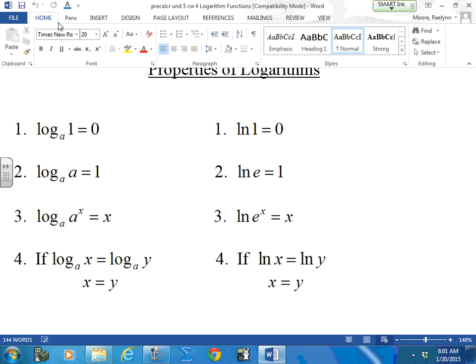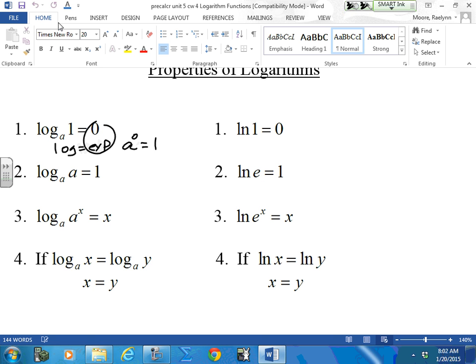Now, these are some properties that you can figure out, but they're nice to recognize. So if I do the log of any base of 1, it's equal to 0. Now watch. Log equals exponent. The base is a. The exponent is 0. Isn't anything to the 0 power 1?